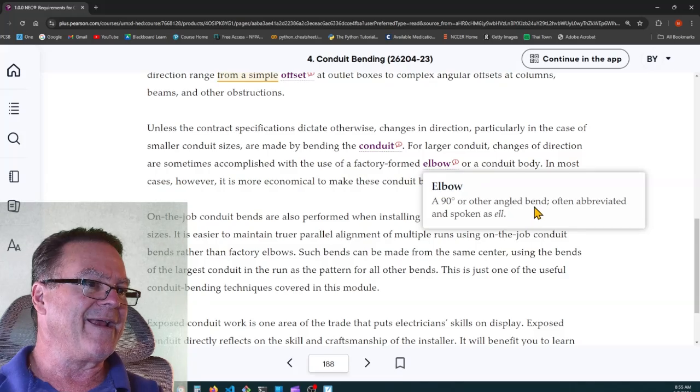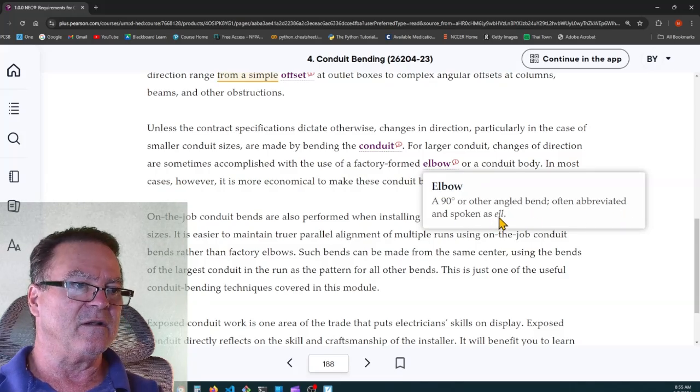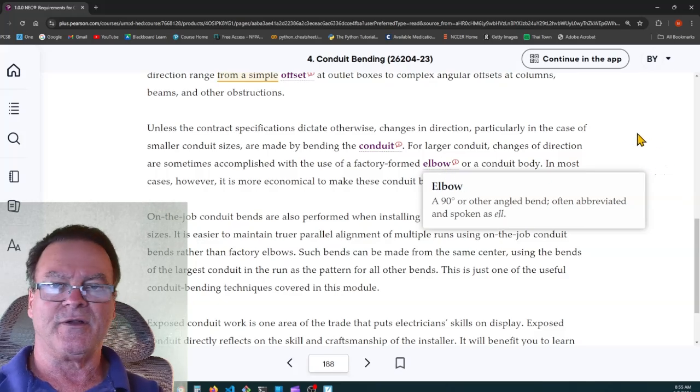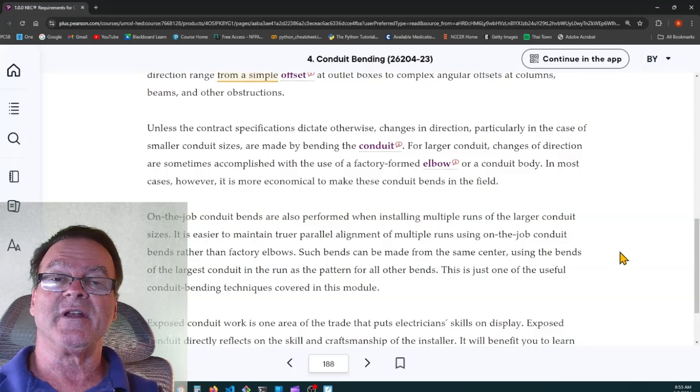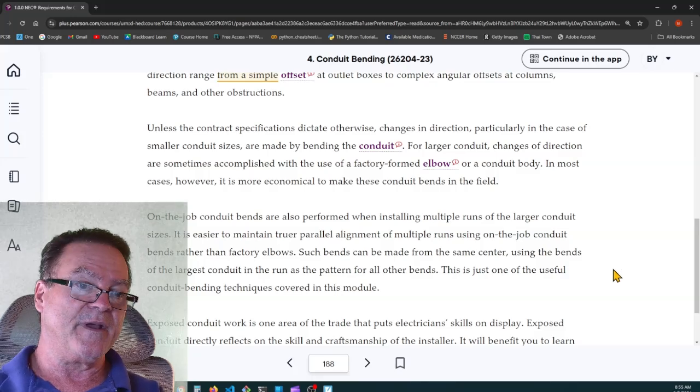A 90-degree or other angled bend is often abbreviated and spoken as L. So it's an elbow, it's a 90-degree bend. And you can also buy 45-degree bends in rigid conduit. It costs more than just straight conduit, but it costs a lot less than a 4-inch rigid bender.